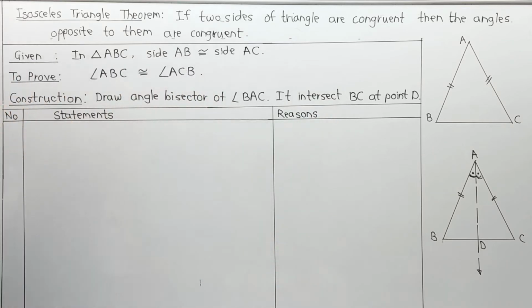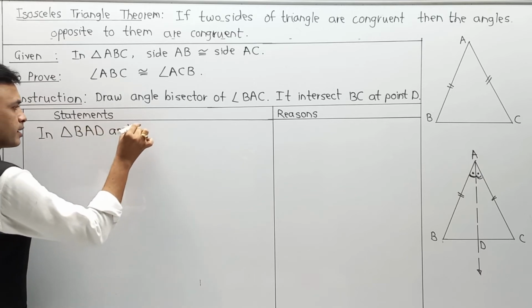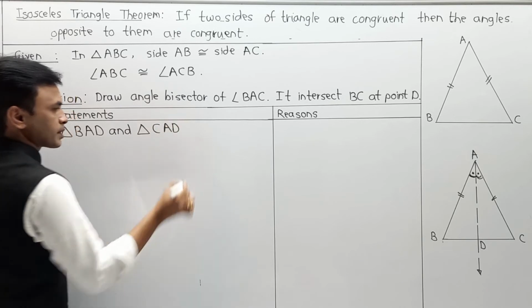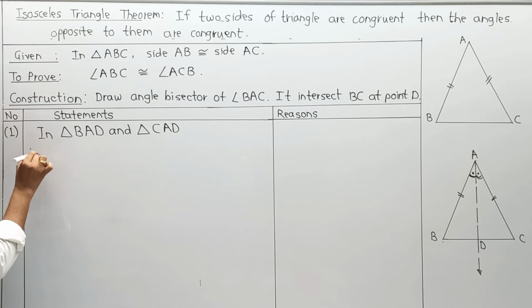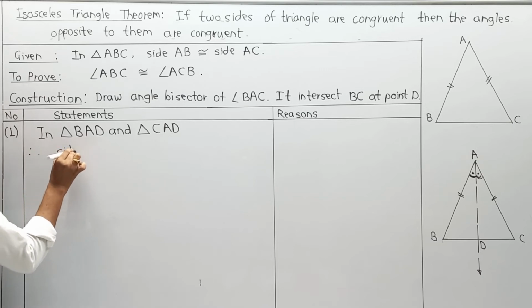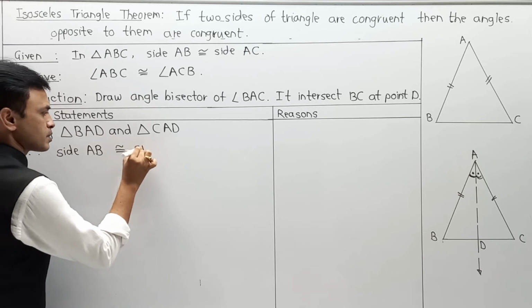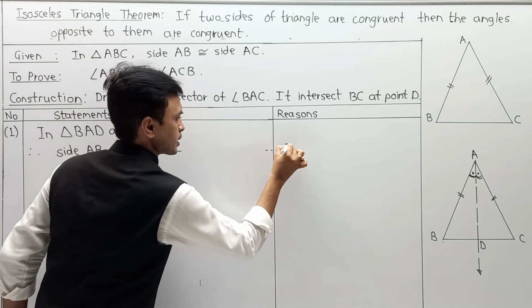Now first part: in triangle BAD and in triangle CAD, first AB is congruent to AC, or side AB is congruent to side AC. They have given it, so I am going to write it as given.